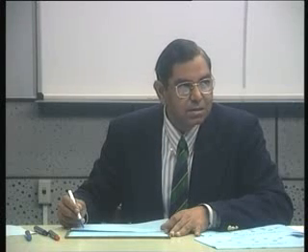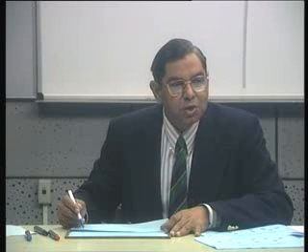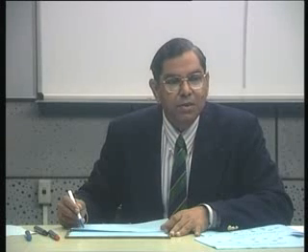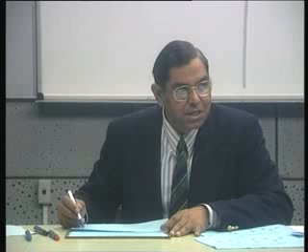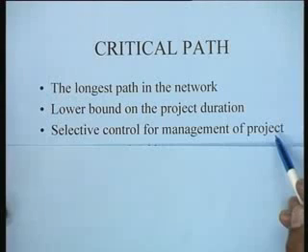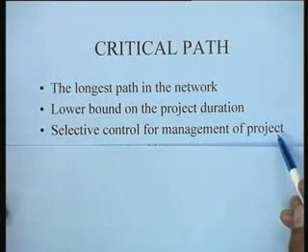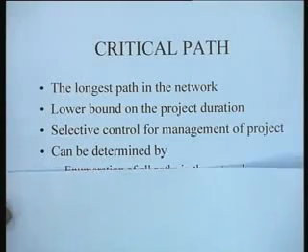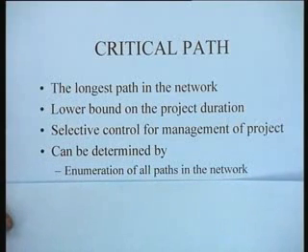When you talk about ABC analysis in materials, you talk about controlling the entire costs by concentrating on A-class materials. Similarly here, by concentrating on the critical activities, you can monitor and control the project duration and to a very large extent the project cost as well.